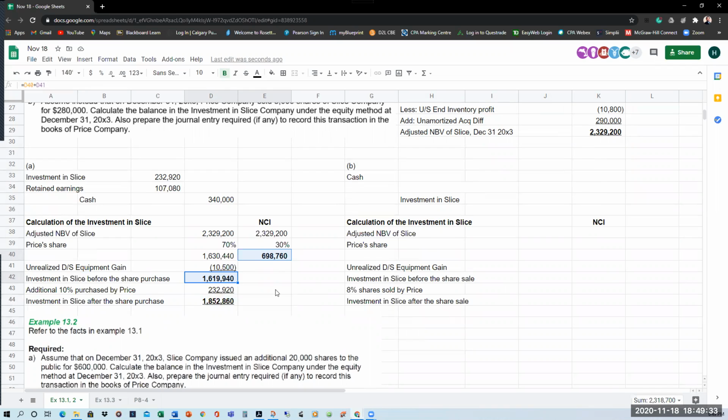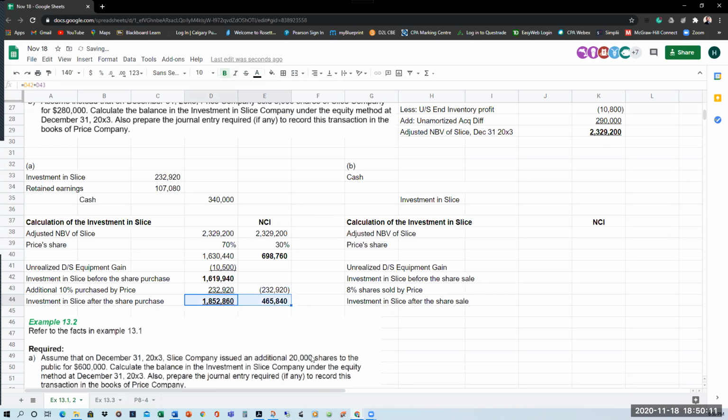What happens after the fact? If the 10% extra shares are purchased by Price, this value 232,920 is transferred out from NCI, right? NCI will be reduced by that amount of 232,920. So non-controlling interest after the 10% purchase by Price will now become 698,760 minus the 232,920, which is 465,840.